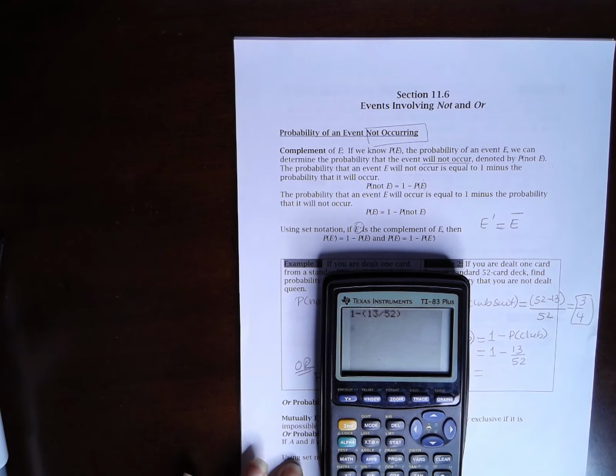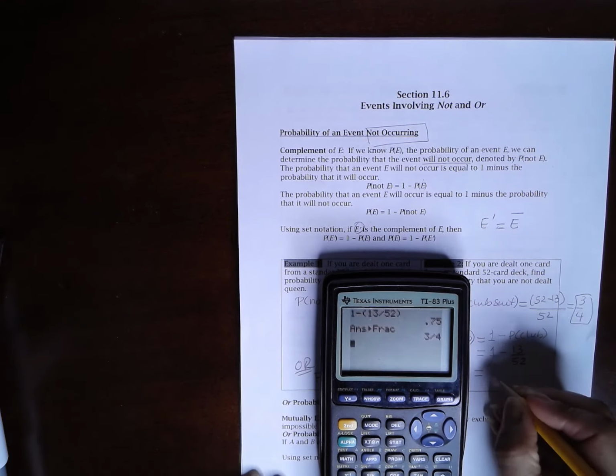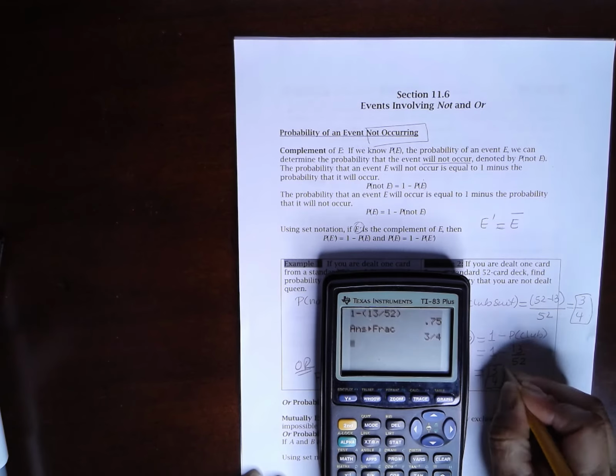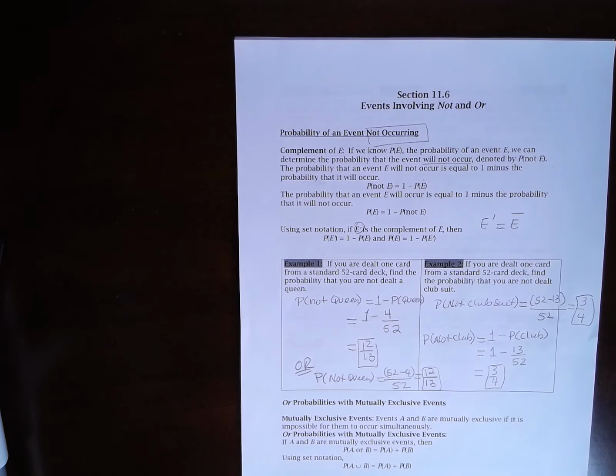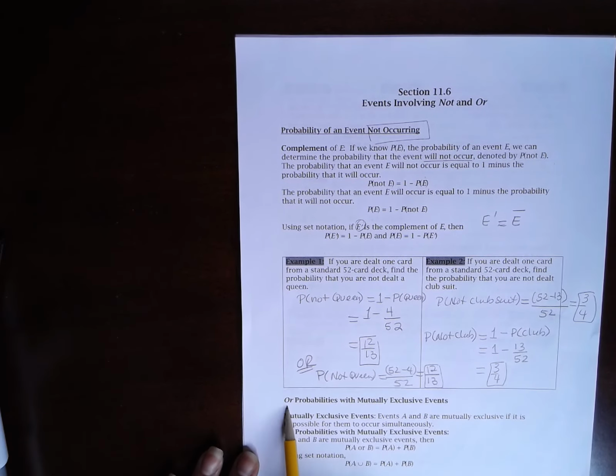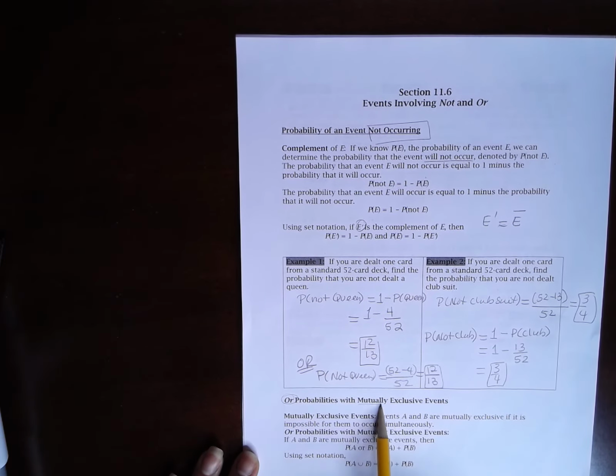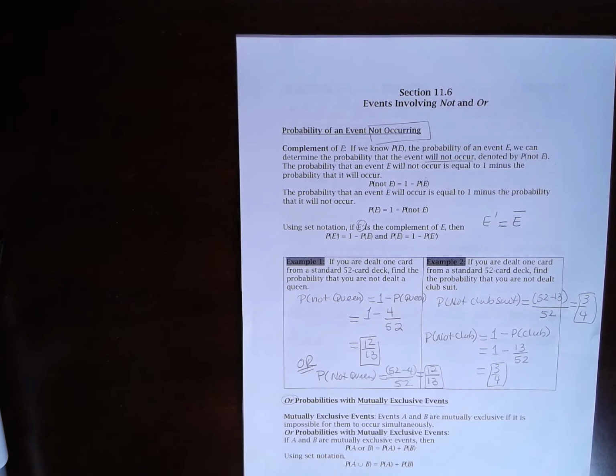So if you're allergic to fractions, then learn how to use a calculator to help you in the moment of need. So that gives you the same answer, 3/4. So again, the best method is the one that you remember to use when you have to use it, especially in an assessment.